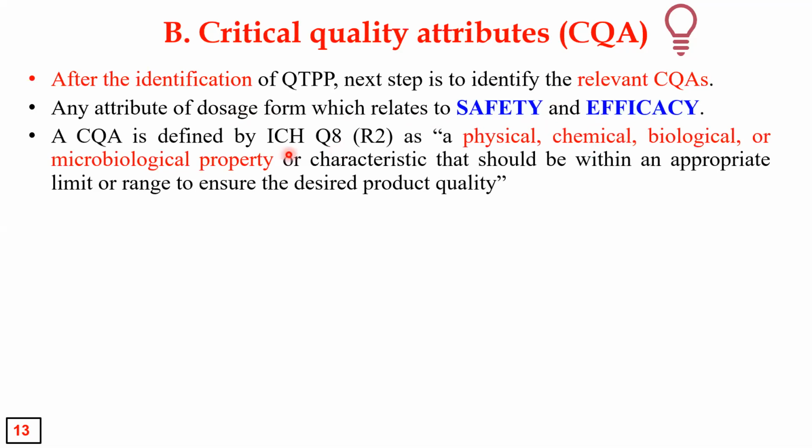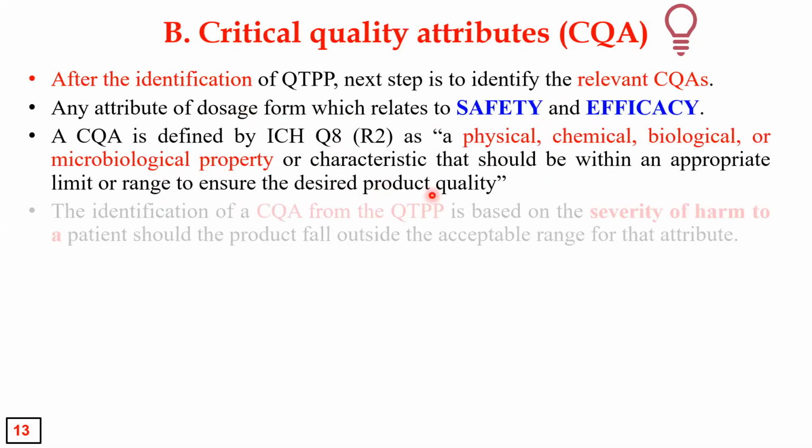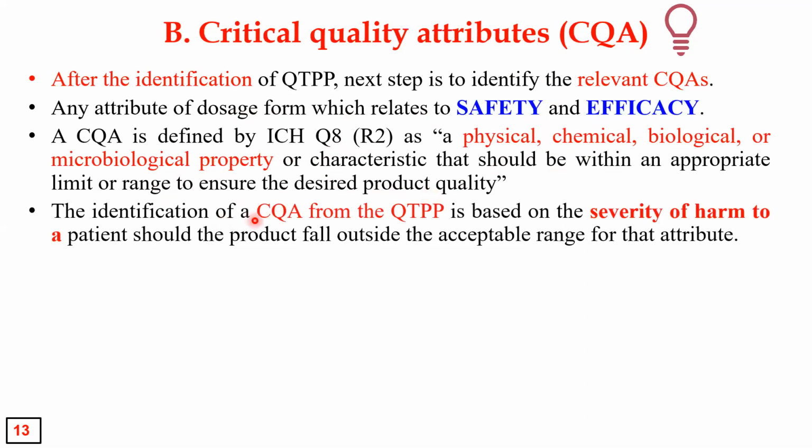A CQA, as per the ICH guidelines, can be defined as a physical, chemical, biological or microbiological property or characteristic that should be within an appropriate limit or range to ensure product quality. The identification of CQAs from the QTPP is based upon the severity of harm, nothing but the safety risk a patient would face if the product falls outside the acceptable range for that attribute.